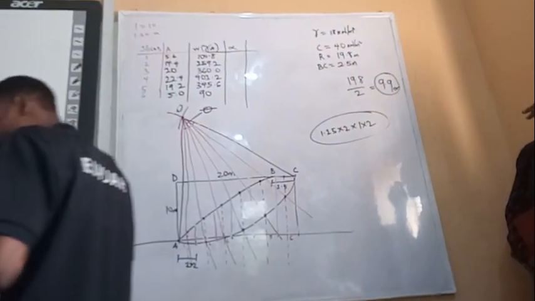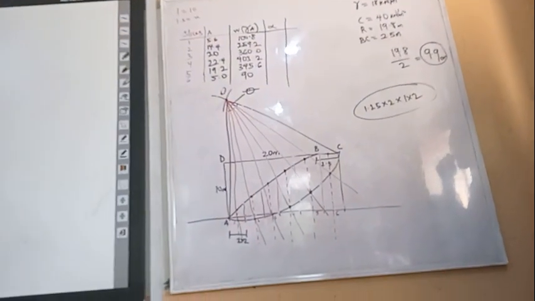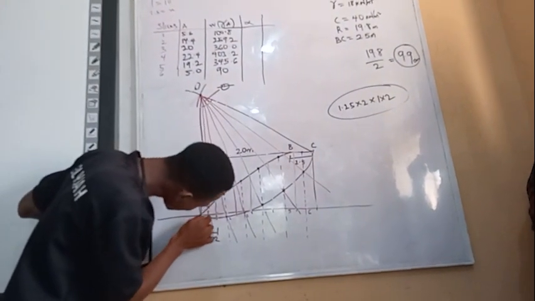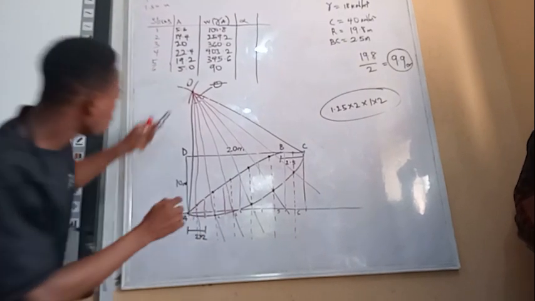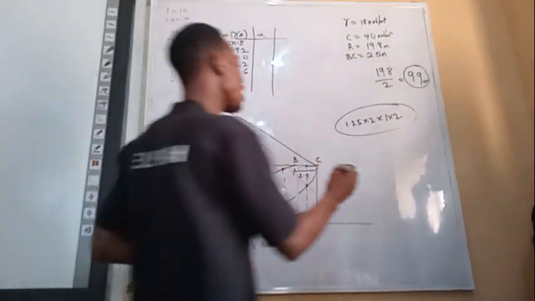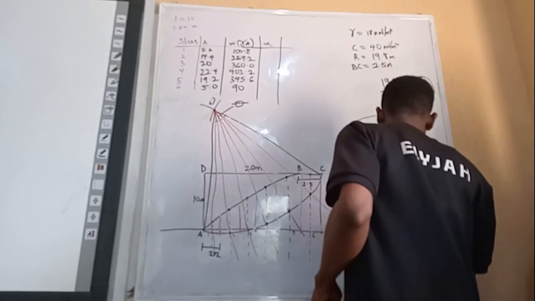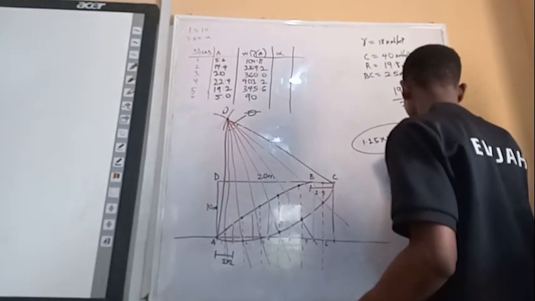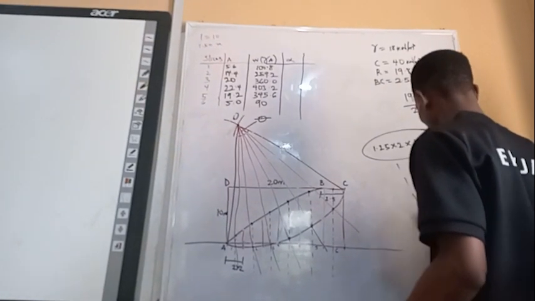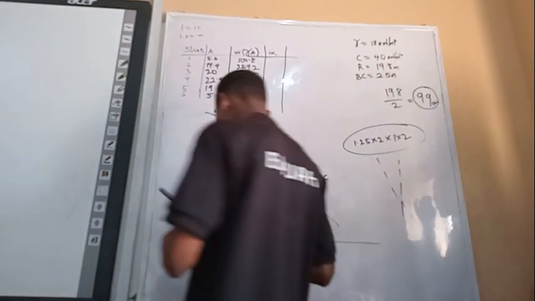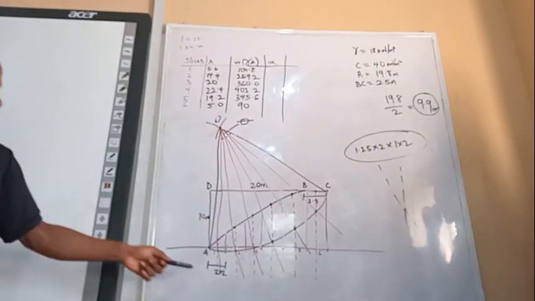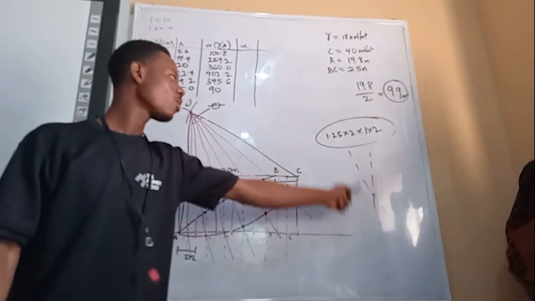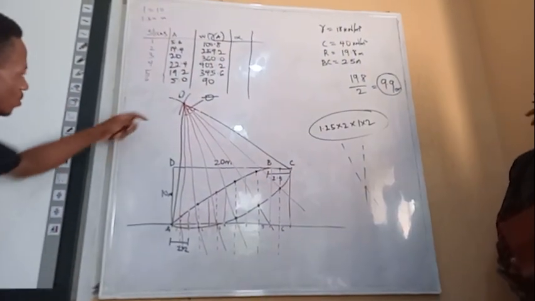The next thing now is to get our alpha. For you to get our alpha, all you just have to do is to measure the angle between this line and this one that is crossing. We have two lines, one like this, then another one like this, coming from here. Let's pick this one for example.